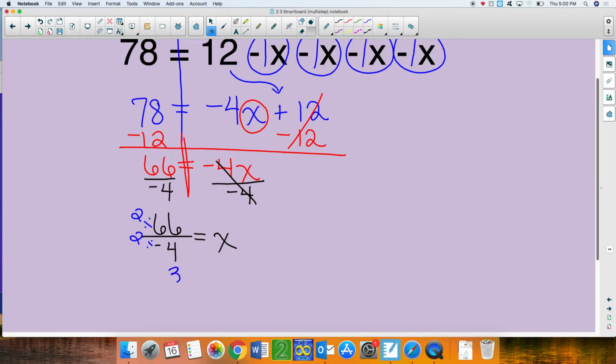So 66 divided by 2 is 33. Negative 4 divided by 2 is negative 2. And the only thing we're going to change is when you have a fraction, you don't leave the negative sign on the bottom. You're either going to put it on top or you're going to put it out front, but you never leave a negative sign on the bottom. So my final answer is going to look like this. x equals negative 33 over 2.